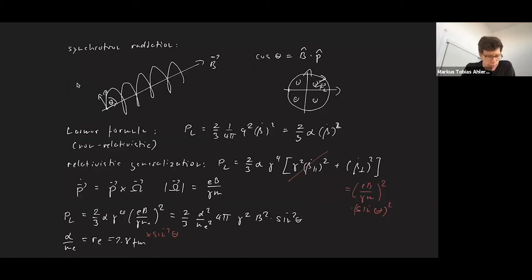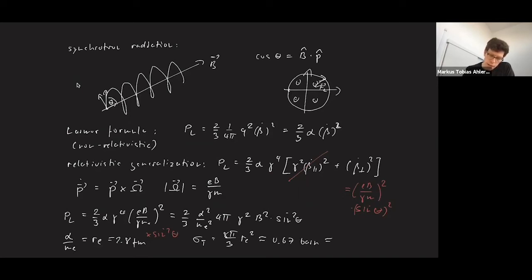And with the classical electron radius, we can also express the Thomson cross-section. We're going to study the Thomson process in a few minutes. So the cross-section of the scattering of radiation off electrons at rest is given by the Thomson cross-section, and the total Thomson cross-section is 8 pi over 3 times the electron radius squared. And this is a very large cross-section. This is of the order of 0.67 barn.